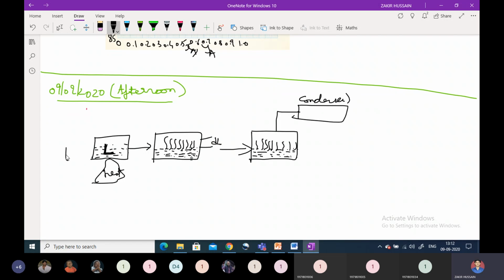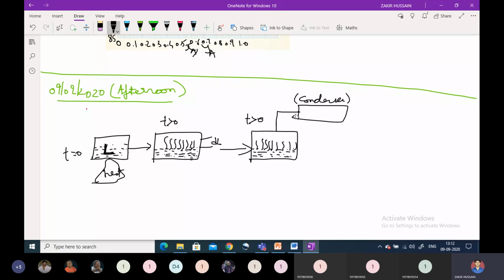At time t equal to 0 and at time t greater than 0, these two operations will take place. We will supply this to the condenser.